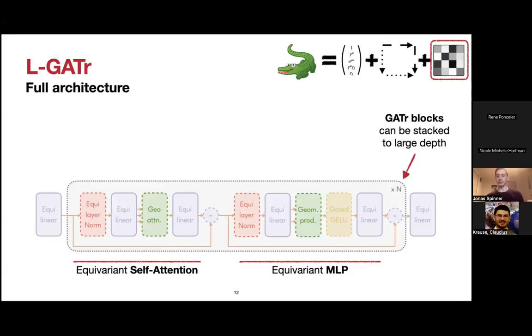Essentially, you have a linear layer in the beginning and in the end, and in the middle you have a stack of transformer blocks, and each transformer block has first an attention part and afterwards an MLP part. What we did compared to this normal transformer architecture is just replace all the non-equivariant layers with the GATr layers, and we add the geometric product as an extra operation.